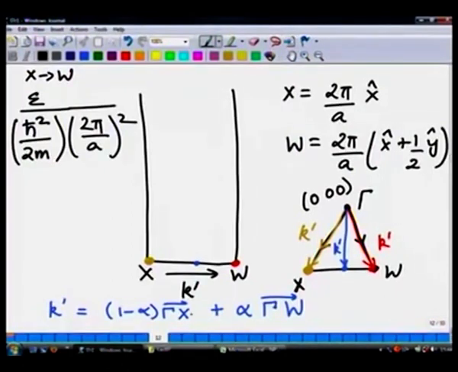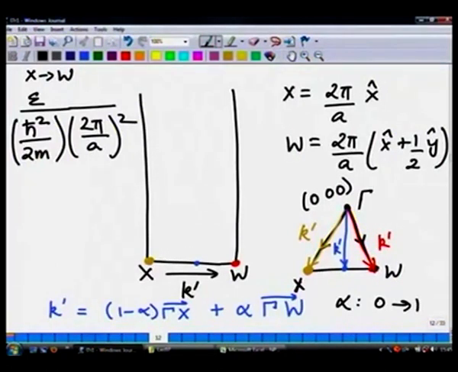That means alpha I will allow to again vary from 0 to 1. If alpha is equal to 0, then my k prime is this orange or yellow vector, and that means we are at the X point. When alpha is equal to 1, I am really probing gamma to W, and in that case this red point is the position here.